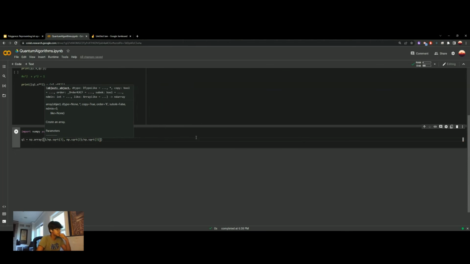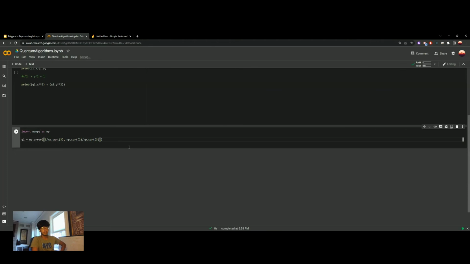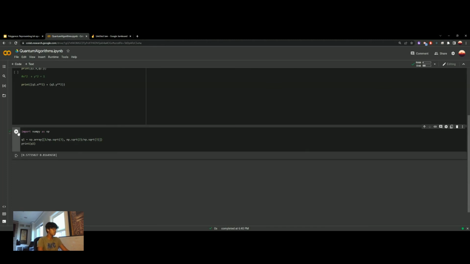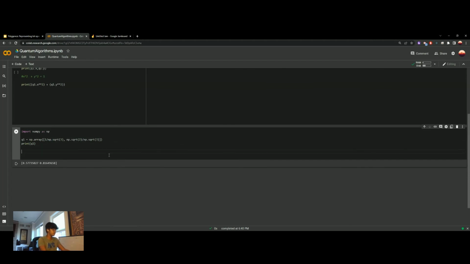So this is what it should look like right now. Yep, seems just about right. Now that we have that, we're just going to print Q1. Okay, so that's our array right there, our matrix of the two amplitudes of x and y.